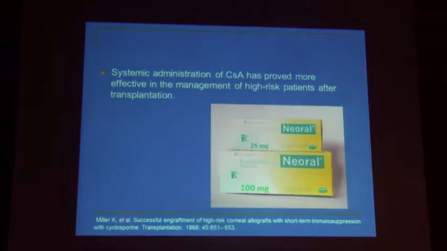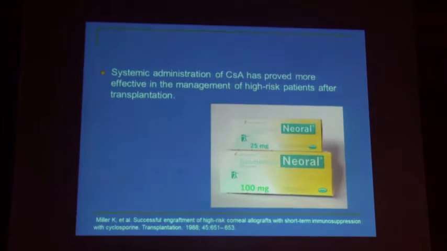The most common medication is oral cyclosporin. The most common one in the market is Neoral or Sandimmune, and this medication comes in many forms: 25, 50, and 100 milligram capsules. Systemic administration proved more effective in the management of high-risk patients after transplantation, and really, this is the medication we are using extensively.